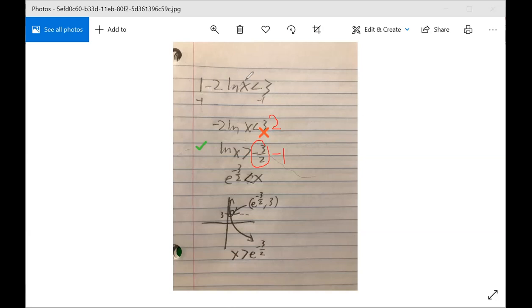He obviously graphed 1 minus 2 ln x on a graphing calculator. Yes, you can certainly use your graphing calculator, and then you identify that point. Any questions? Besides this minor mistake, he's good. Very good job.